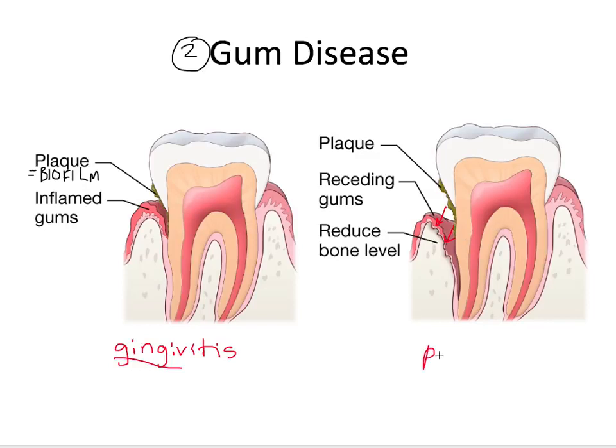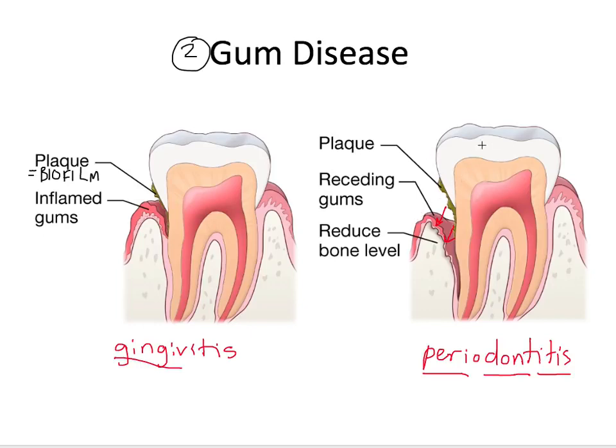This disease process, a more severe gingivitis, is called periodontitis. It's so named because itis is for inflammation, and peri means around the tooth. So it's inflammation of the periodontium, which is the tissue around the tooth supporting it in place.